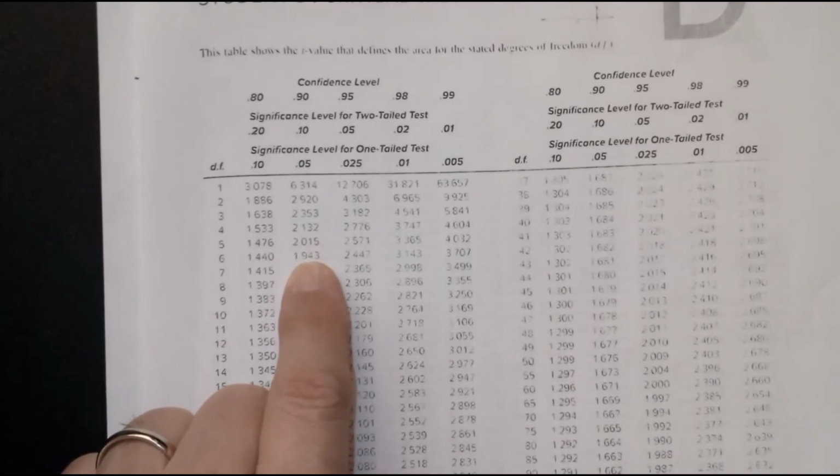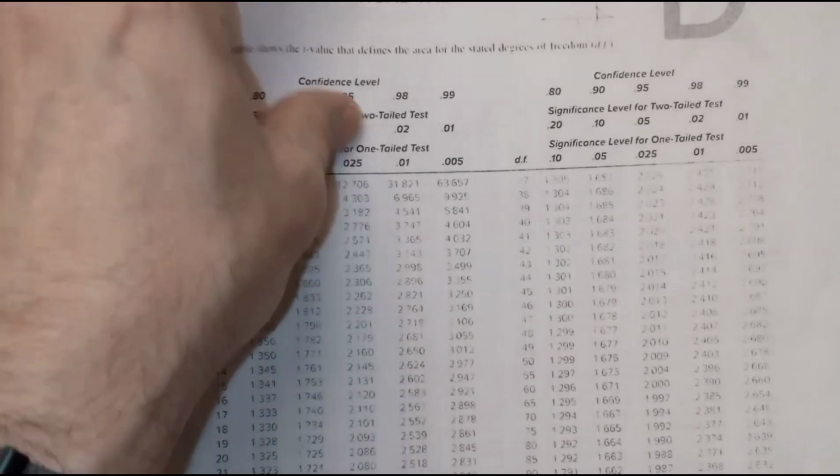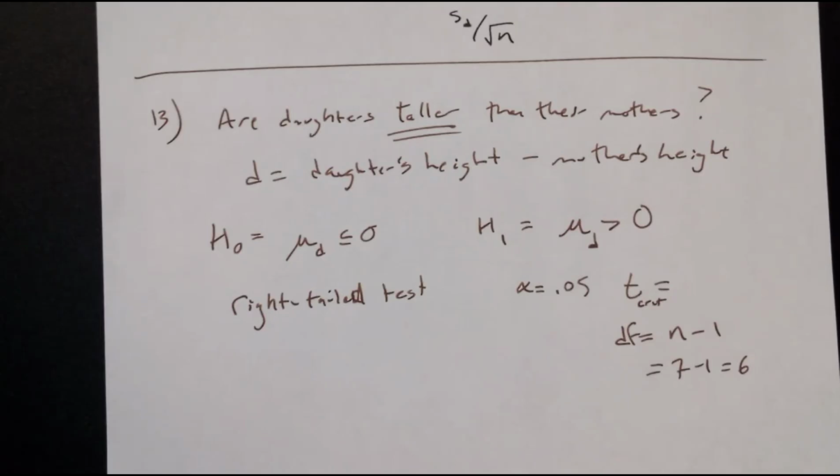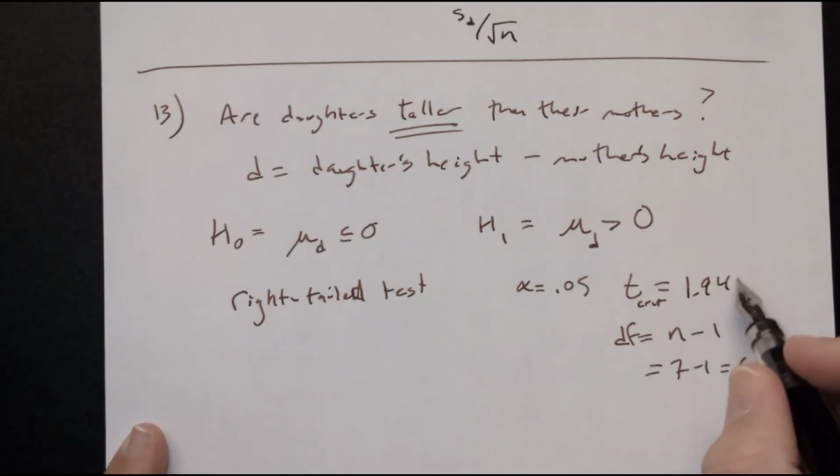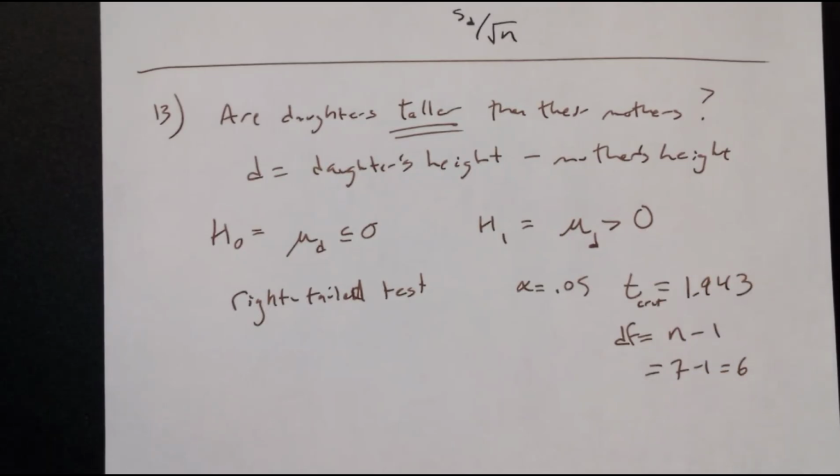There's my critical value: 1.943. With only 7 families, I could probably do all the rest of these calculations by hand. I'm not going to.